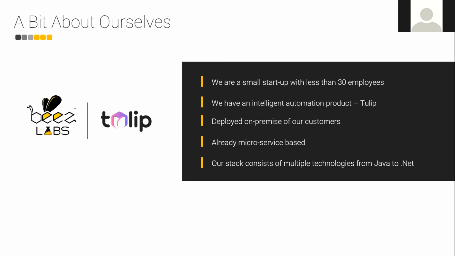So while we were creating this product, we already had a vision that our product had to be future proof. So we knew that it had to be microservices at a level.